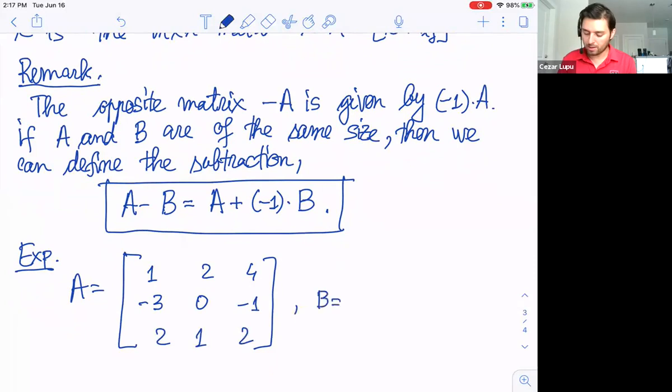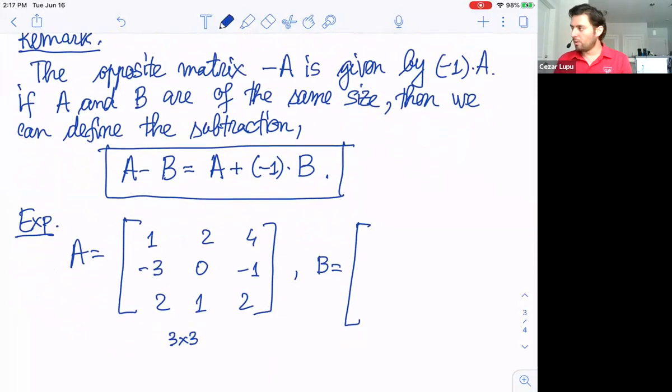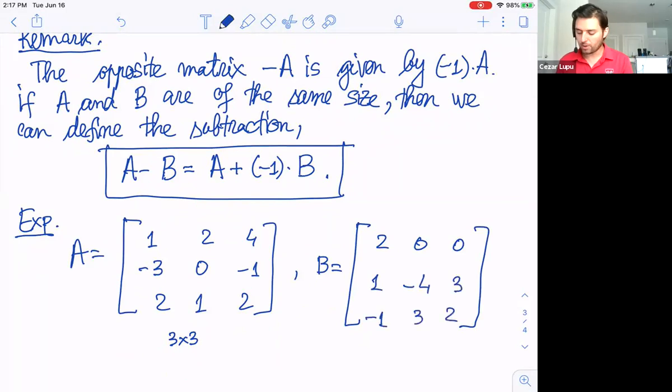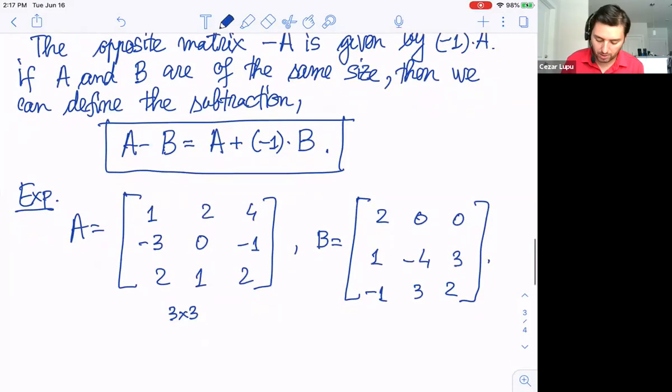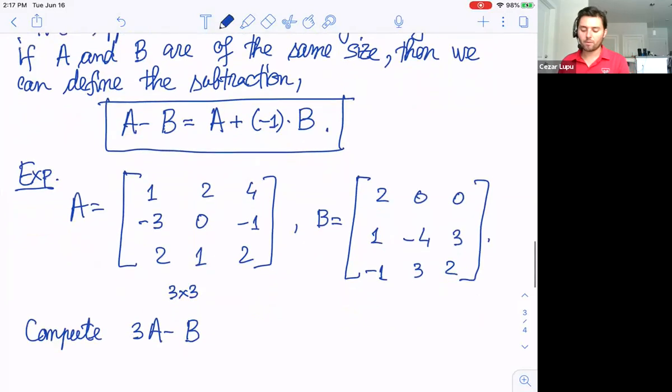And B will be another 3 by 3 matrix: 2, 0, 0, 1, -4, 3, -1, 3, and 2. In my notes you'll see there are a bunch of operations, but I'm interested in computing 3 times A minus B.